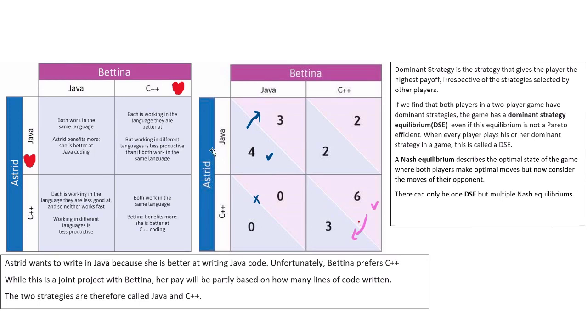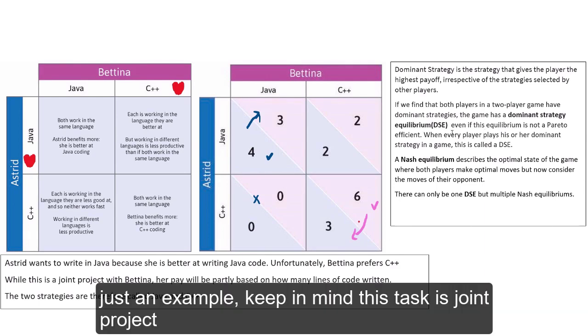So in conclusion, the dominant strategy for Astrid is to use Java, okay? If Astrid wants to have the highest payoff, Astrid would choose Java. And if Bettina wants to have the highest payoff, Bettina would use C++. So how do we determine the dominant strategy equilibrium? We determine the dominant strategy equilibrium by combining them, okay?